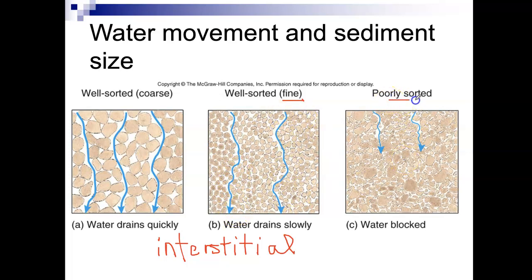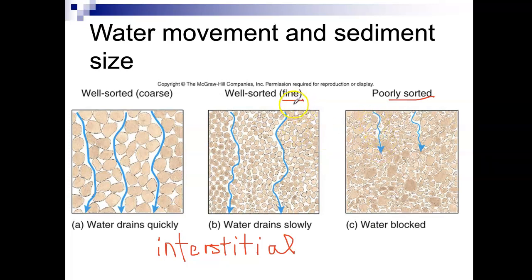Now, poorly sorted, which you're going to see in a lot of your estuarine muddy communities, is where you have a mix of silt and clay, and even some larger sand grain size pieces. In those types of communities, those interstitial spaces are going to be really small, and water's not going to move well through them because they're poorly sorted.